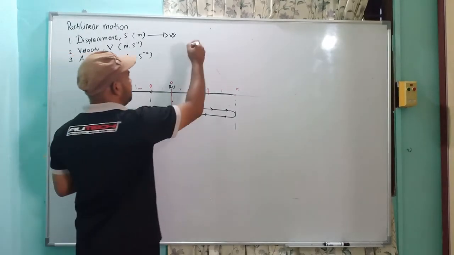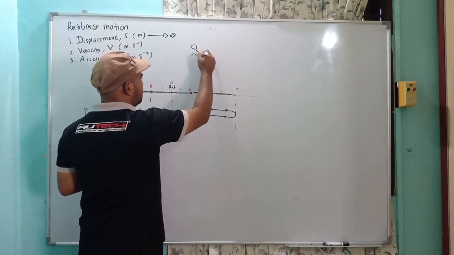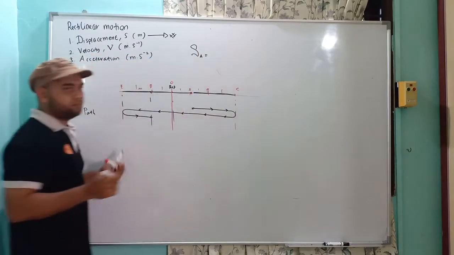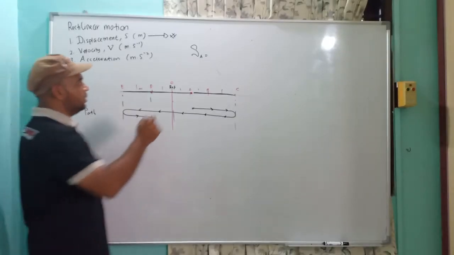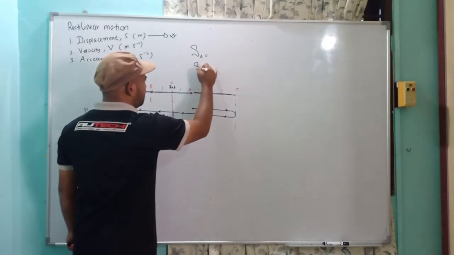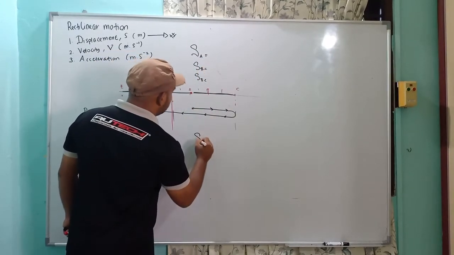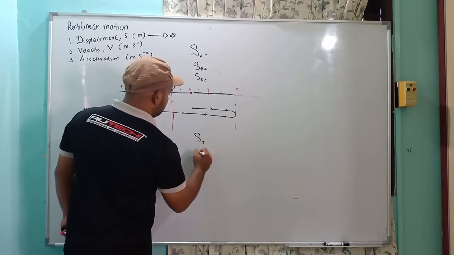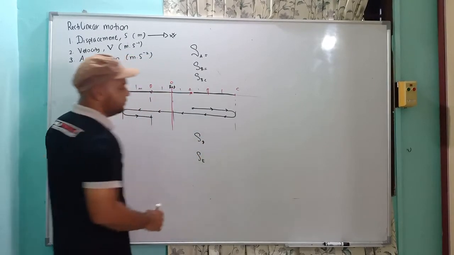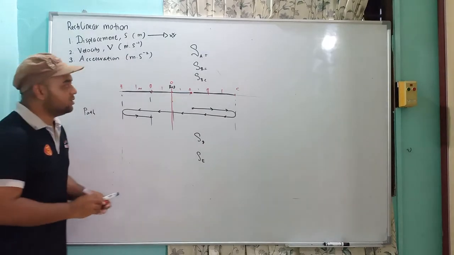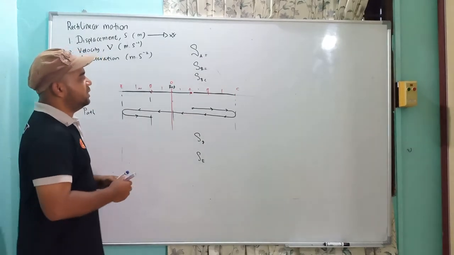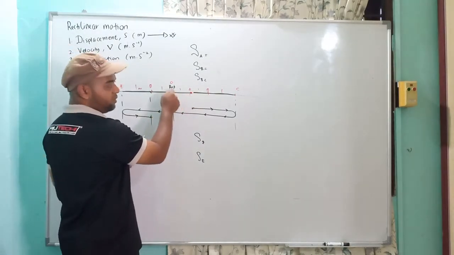If I'm talking about the displacement of point A, later I will also put the displacement of point B, point C, point D, and point E. When this component is at point A, the displacement is 1 meter from the reference point.